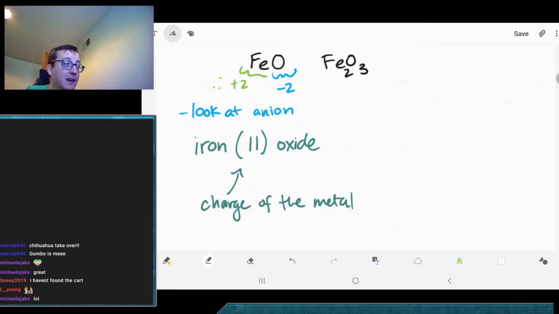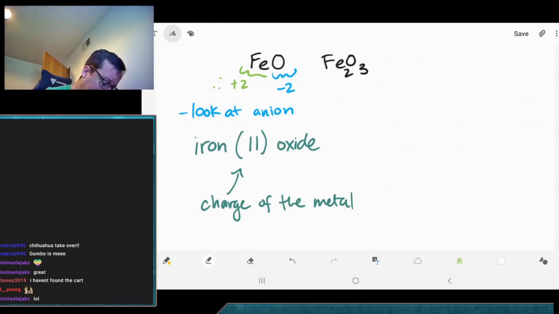So something like calcium, you don't need a 2 there, because calcium only takes 2. But iron can take multiple charges, because it's a transition metal. And we'll see even some of the lower down, like lead or tin, can take multiple charges as well. But we're really going to focus on transition metals here. So, iron 2 oxide. All right.